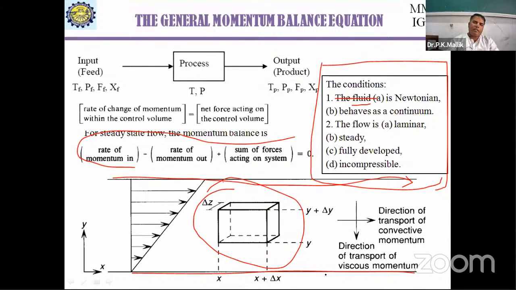If it is cylindrical, then your control volume should be cylindrical so that it is easy to solve the problems. This is the coordinate of the control volume. One is x, y, z, and another coordinate is delta x, delta y, delta z.